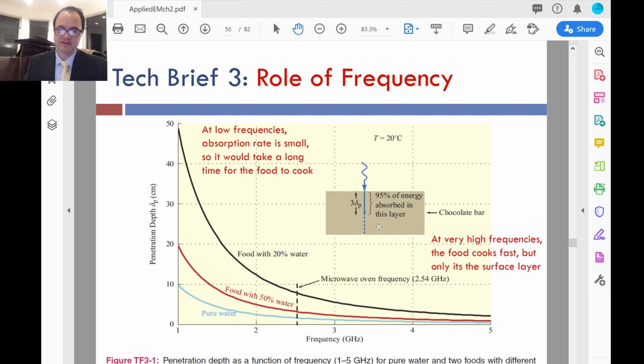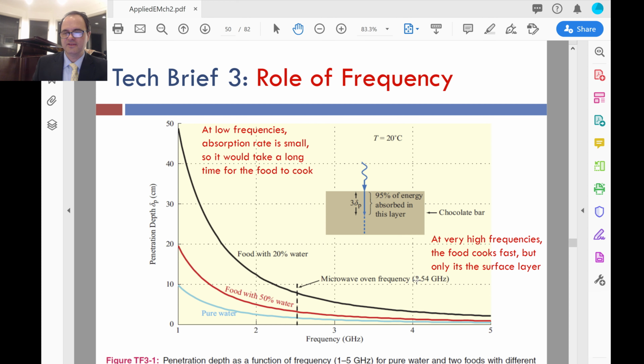Likewise, if the frequency is too low, it just simply won't be absorbed at all by the chicken or the pizza. But right at the right frequency, the microwaves make it through a decent thickness of the food and are all consumed through heating of the food and therefore cooking.